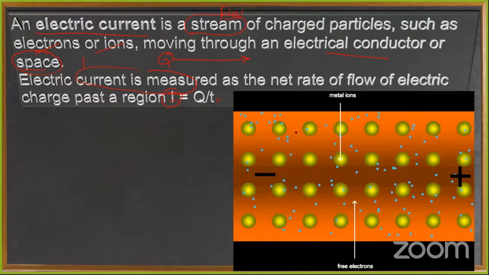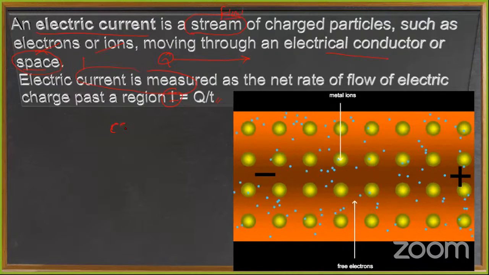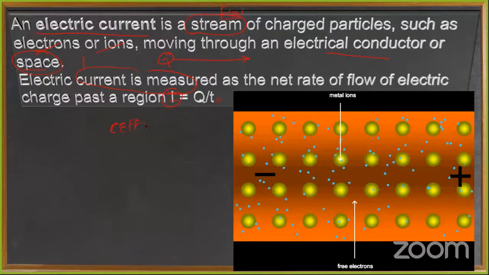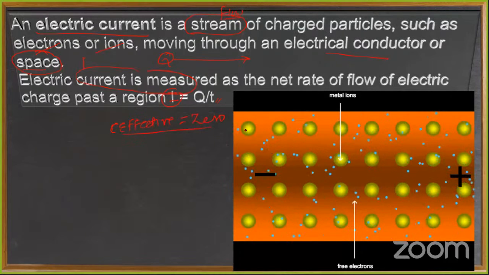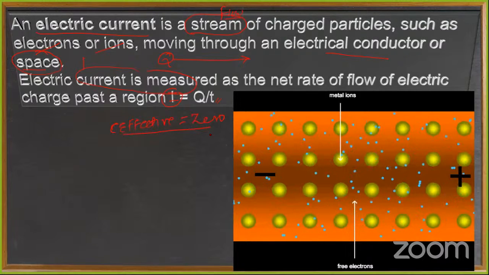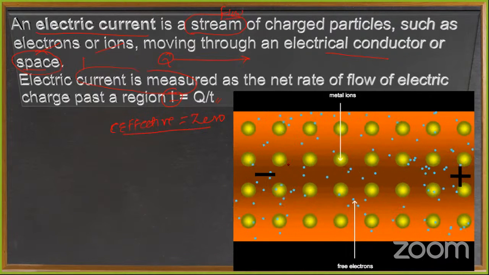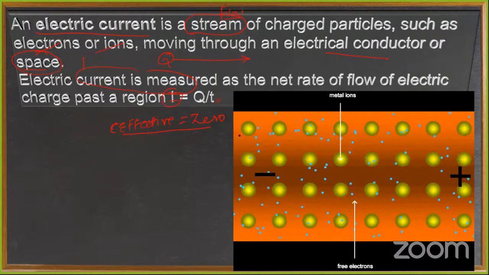See, this electron is moving in this direction, this electron in another direction, but the effective movement of the electron is 0 while we are not applying any external potential difference.